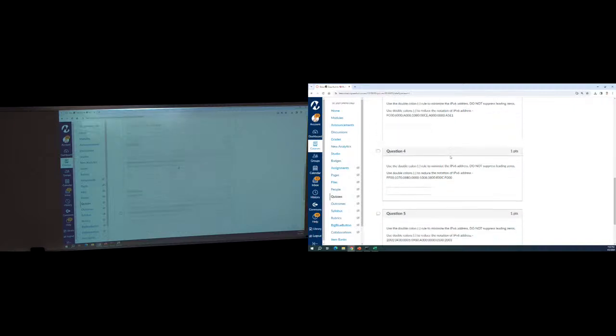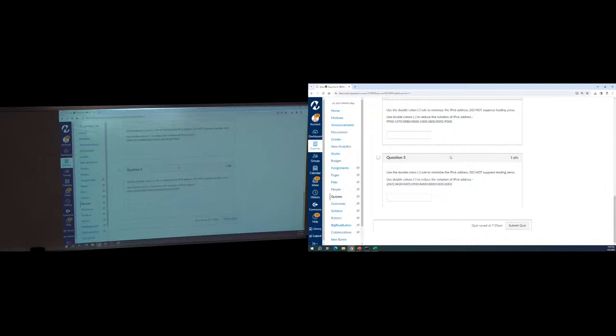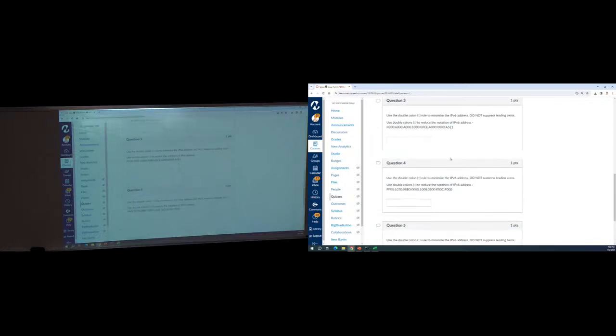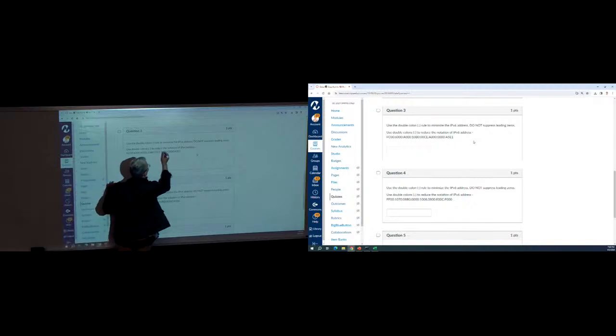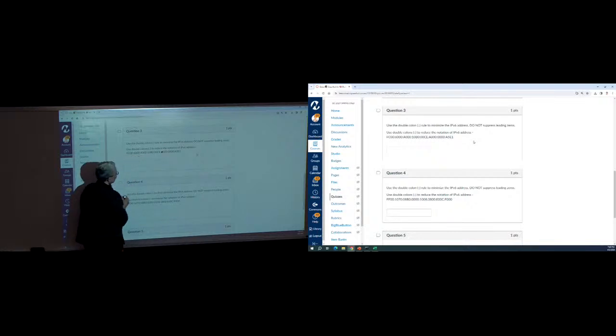Let me see if I can find some that have multiples. Of course I can't. Let's see. What if this A was also a 0? Like, let's just say that this was a 0, right?